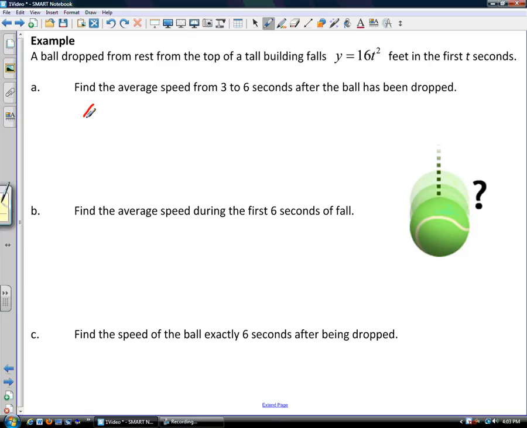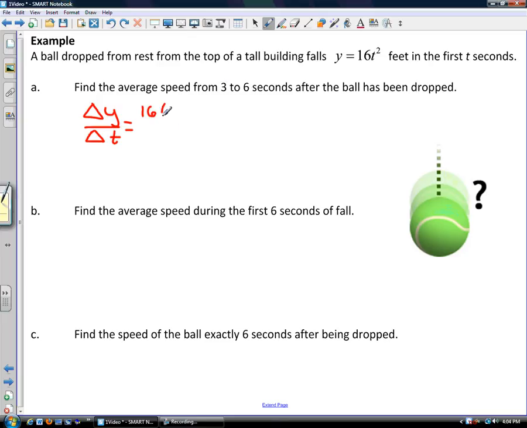So average speed, we're looking at my average rate of change formula, which is change in y over change in t, right? The change in height divided by the change in time. So we want to look at the height after 6 seconds minus the height after 3 seconds. So plug 6 into the function, right?